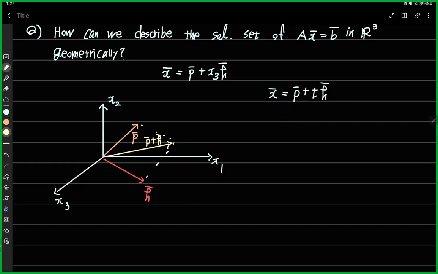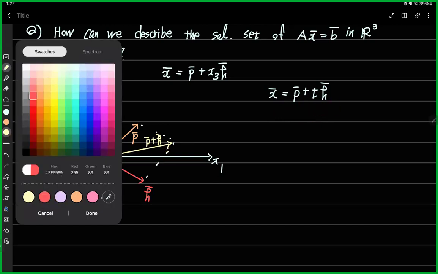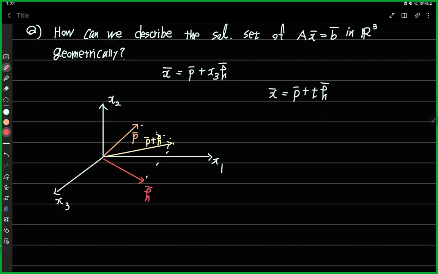To figure out the general form of the solution set geometrically, let me plug in a couple of specific numbers into t. When t equals 1, we get p plus h. When t equals 2, we're going to get p plus 2h. So you see, right here, this is maybe 2 times h, and 3 times h is this.